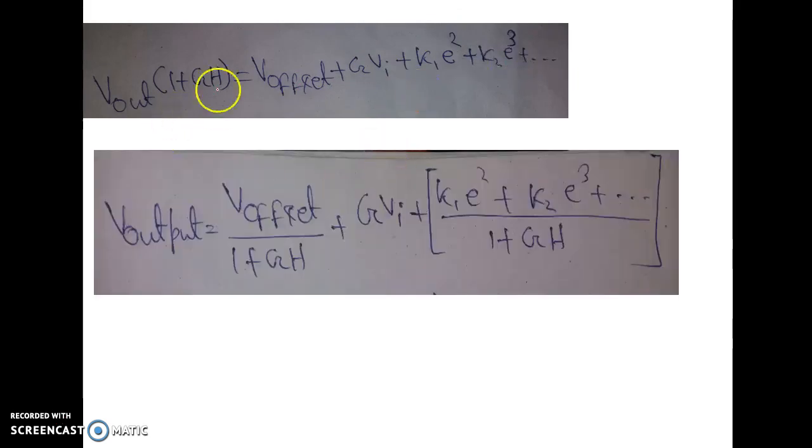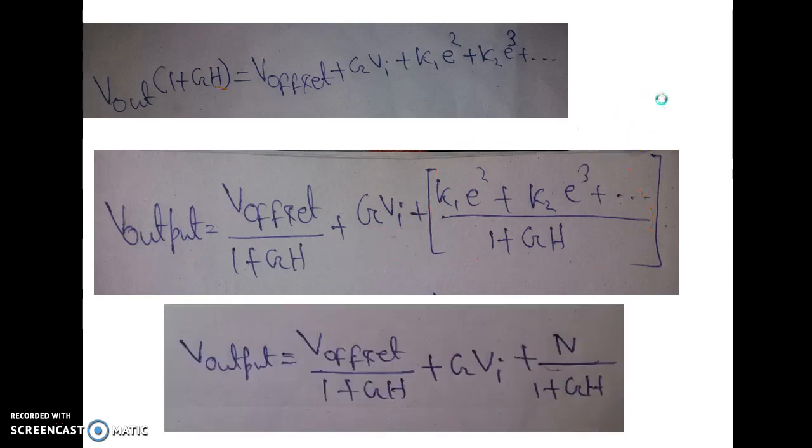Now we take 1 plus GH to the right hand side, and we get V output equal to V offset by 1 plus GH plus G into Vi by 1 plus GH plus K1 into E square plus K2 into E cube plus dot dot by 1 plus GH. Here I forgot to write the 1 plus GH in the denominator of G into Vi. This is the whole nonlinear term.